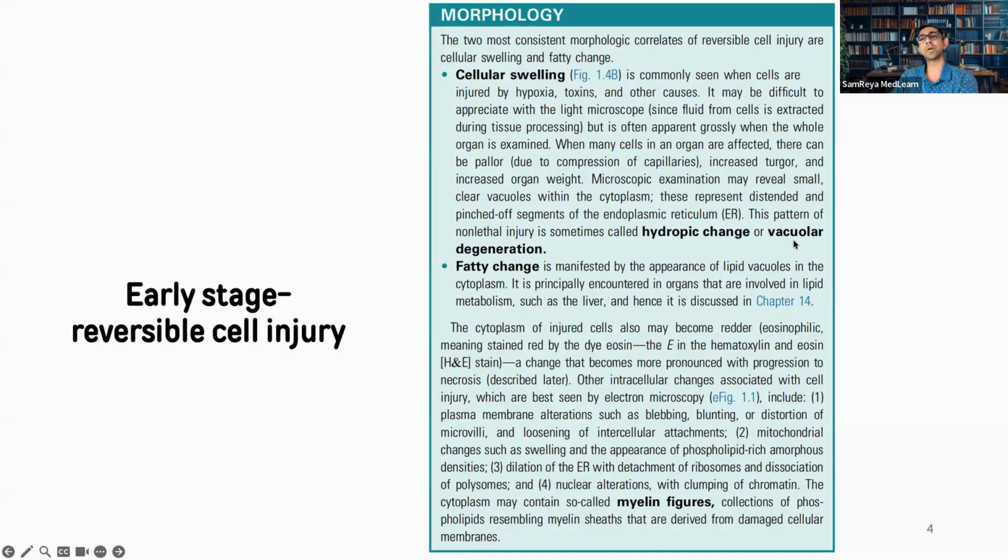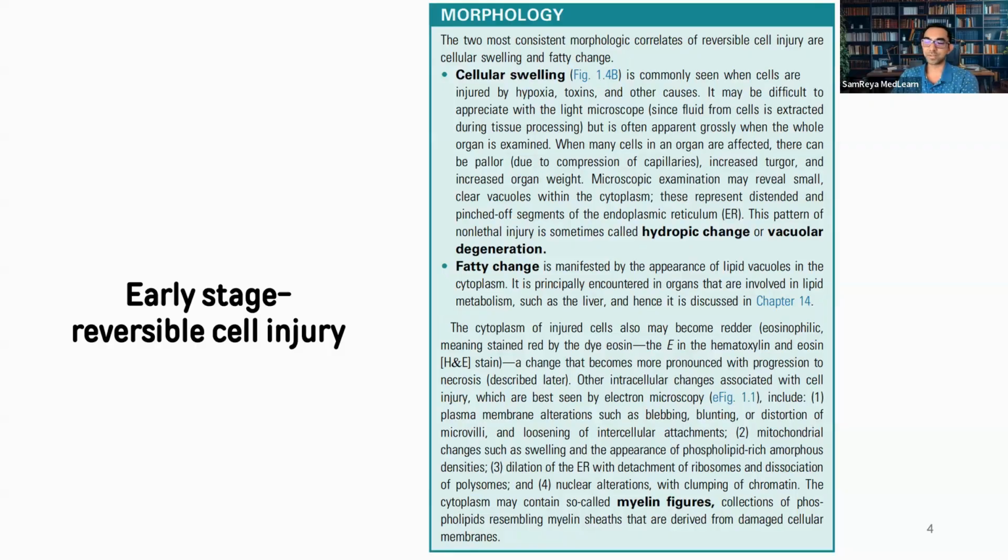Where did this word come from? Vacuolar degeneration, because so much water goes into the cell that it also ends up getting into the endoplasmic reticulum. The endoplasmic reticulum breaks into small bits and pieces, small vacuole-like segments. They pinch off from the endoplasmic reticulum. That is called vacuolar degeneration because the endoplasmic reticulum is undergoing degeneration here, and it shows small vacuoles.